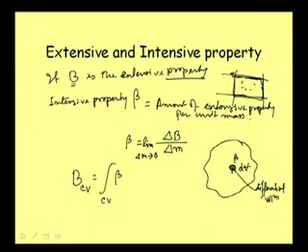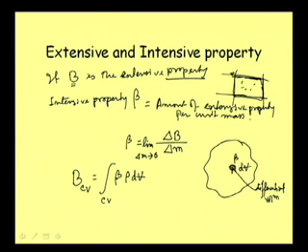So, what will be the mass here? If the volume is dV, we need to multiply it by rho, so that we get mass. So, if you integrate it over the control volume, we get the total extensive property of the entire system. So, this is how we relate.